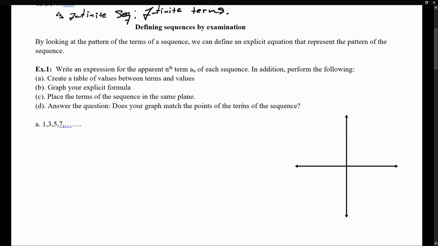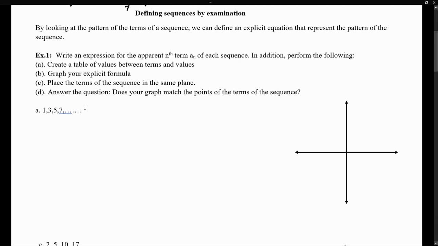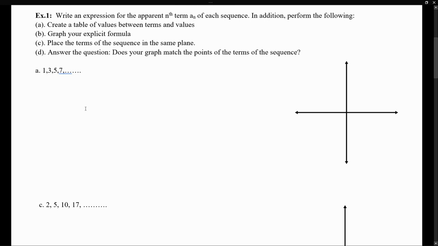All right, so let's start by looking at the actual objective for today, which is the idea of defining sequences by examination. So what do we mean by that? Here, notice that we have a sequence, 1, 3, 5, 7, which I believe is the same sequence as the introduction. Our objective is to write down an explicit formula that we can use to define this sequence.